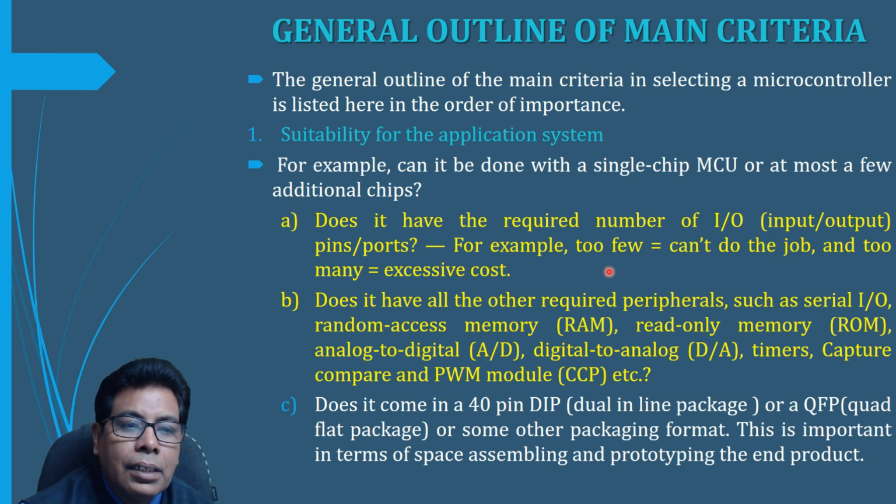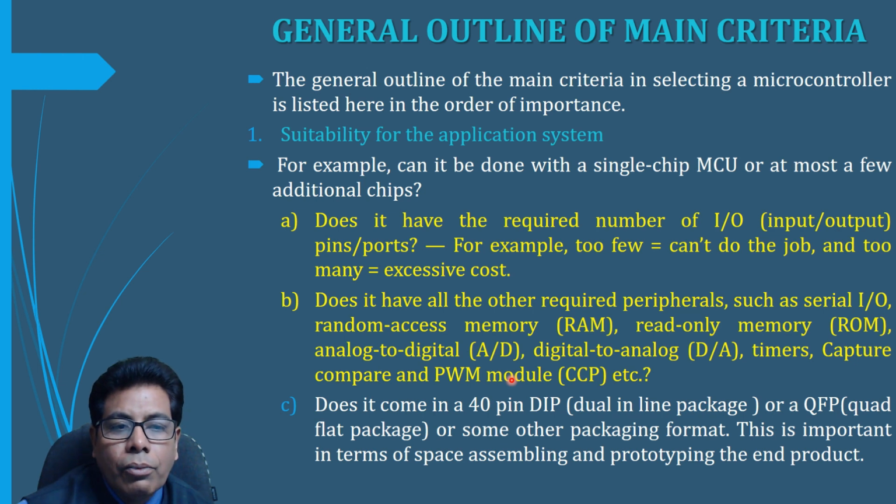For example, the RAM, random access memory or read write memory, then read only memory, ROM, then A to D converter, D to A converter, and timers, and the CCP module, that is the capture, compare, and PWM module. That is particularly required for motor control applications.